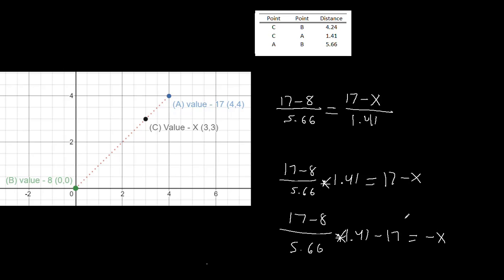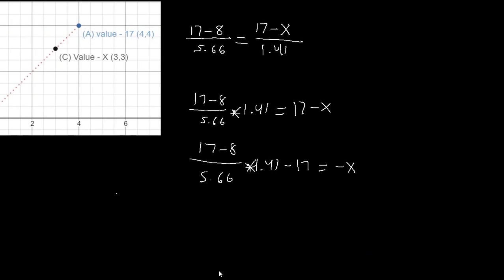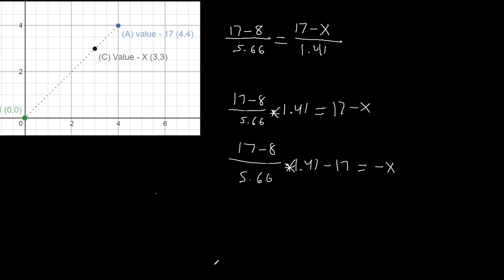So what I want to do here, just to make sure we don't make any mistakes, is calculate this out really quick, leaving the negative here. So 17 minus 8 is going to be 9 over 5.66 times 1.41 minus 17.